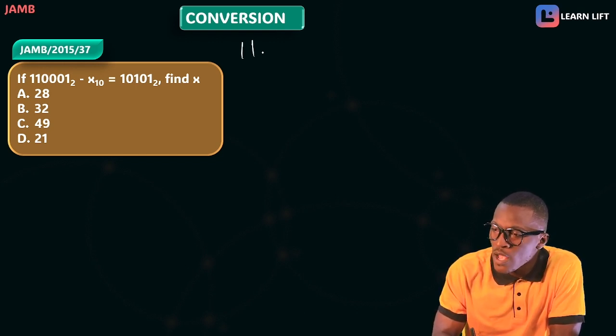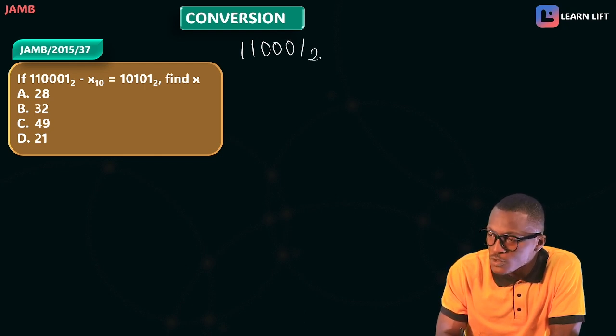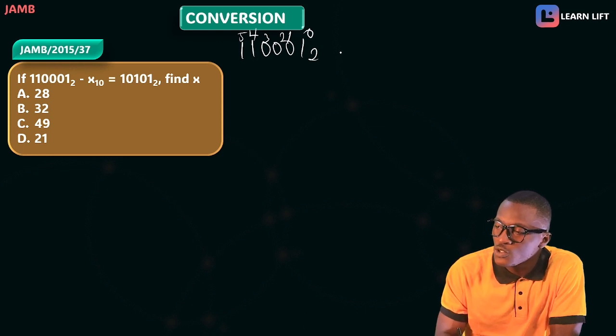Now 1 1 0 0 0 1 base 2. This becomes 0, 1, 2, 3, 4, 5, 6. The ones that have 0, just cancel them so that our work can be faster.